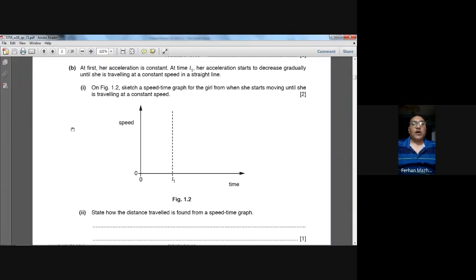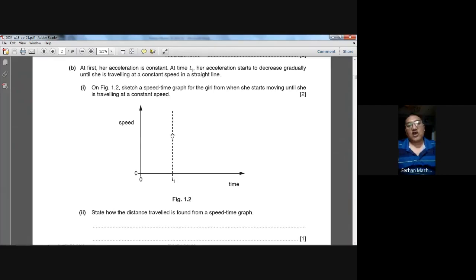On the y-axis of figure 1.2, you see speed is represented, and on the x-axis time is represented. In the given information, he has told us till t1 she has moved with constant acceleration. So I will draw an inclined line with a positive slope, a straight line like this.